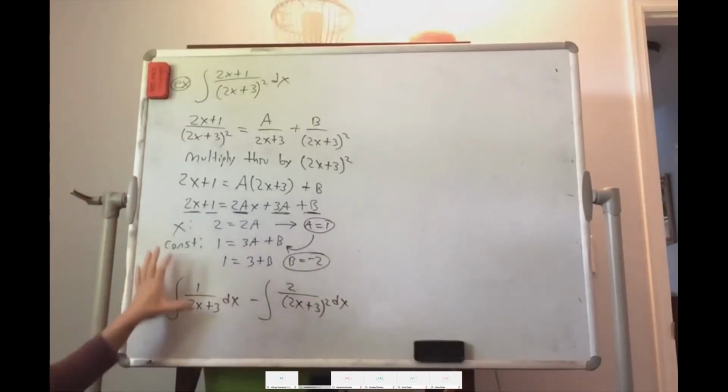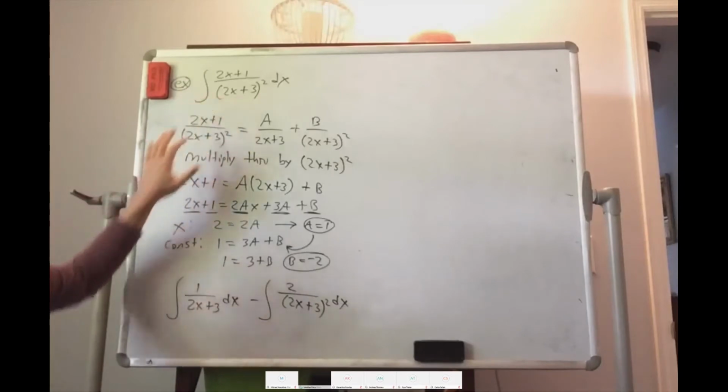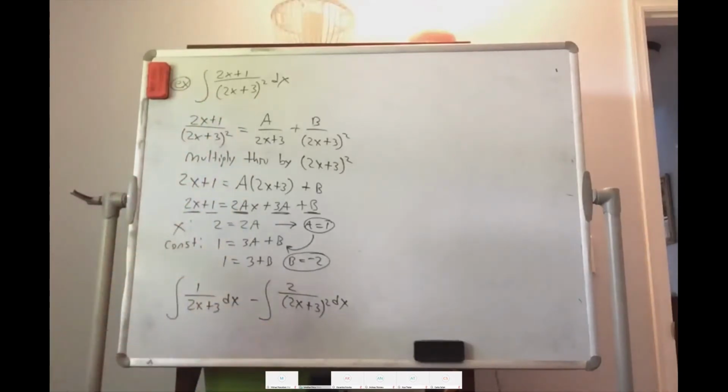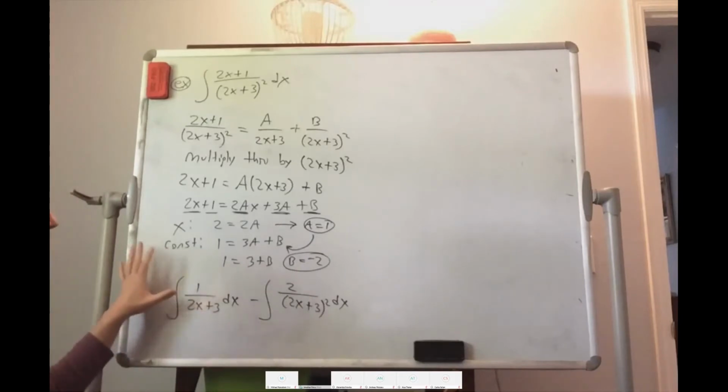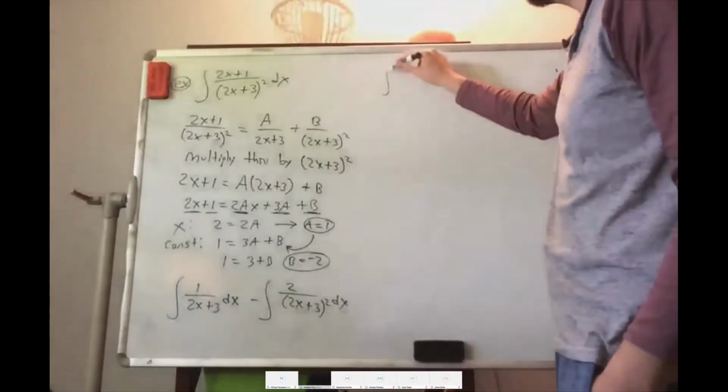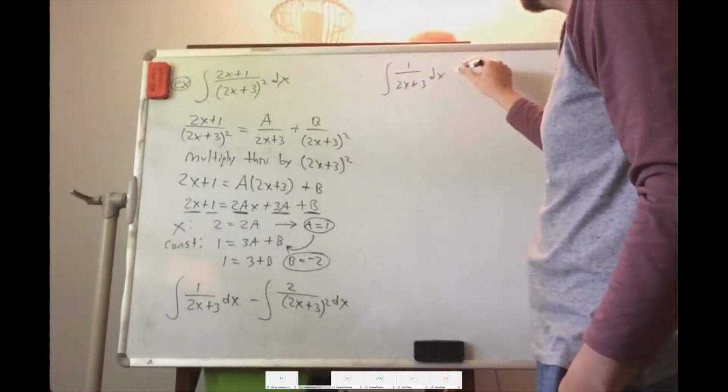So we've now turned this integral into these two little baby integrals, which are pretty easy to solve. First half of the problem done, we've done the partial fraction decomposition. Okay. I'm just going to rewrite it up here.